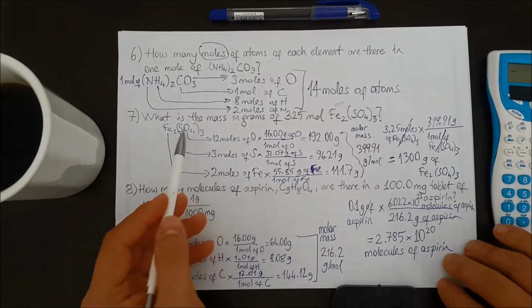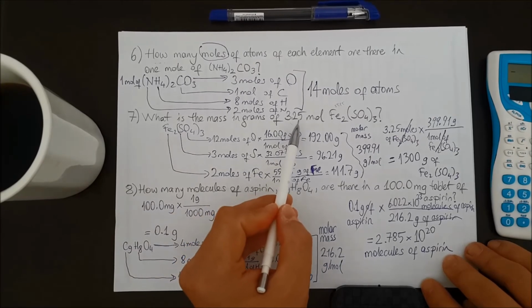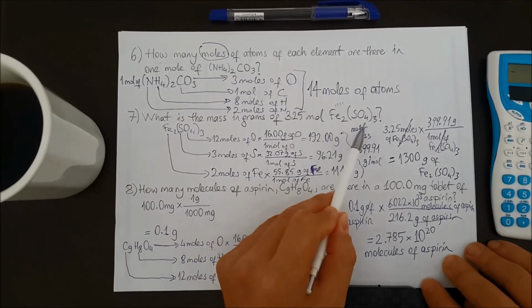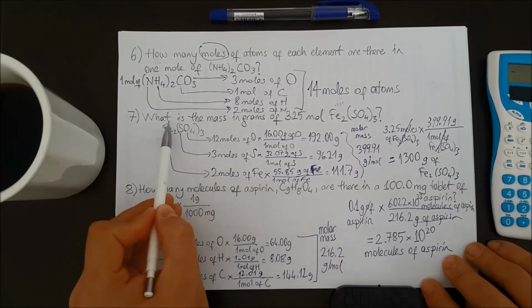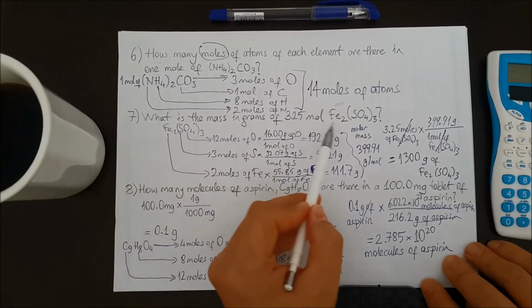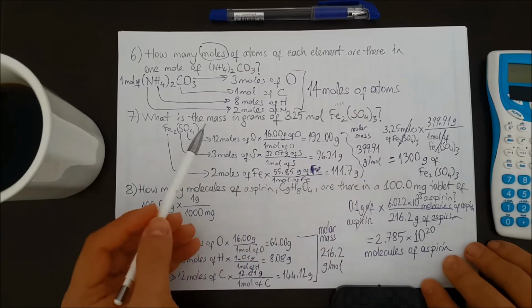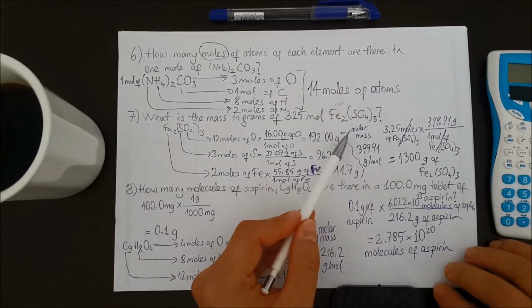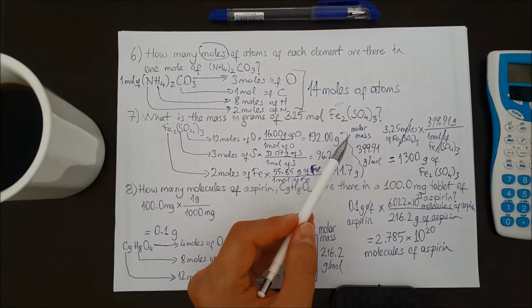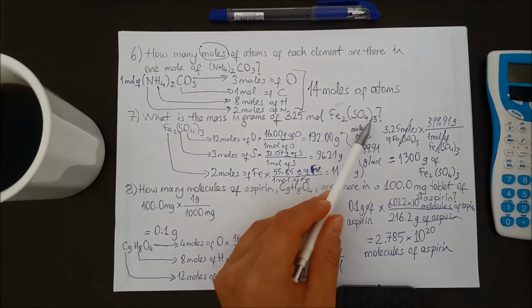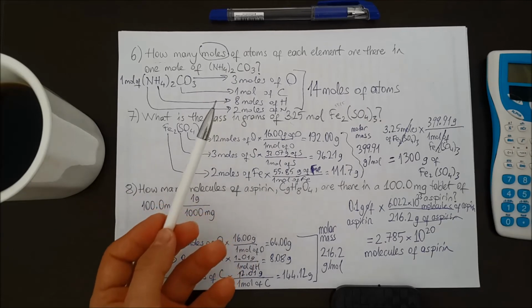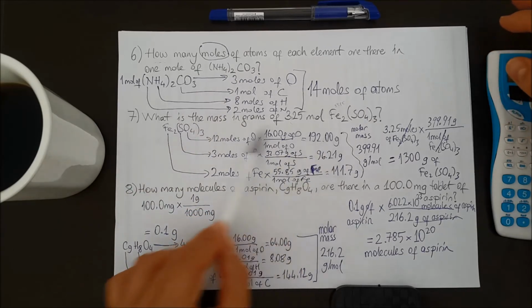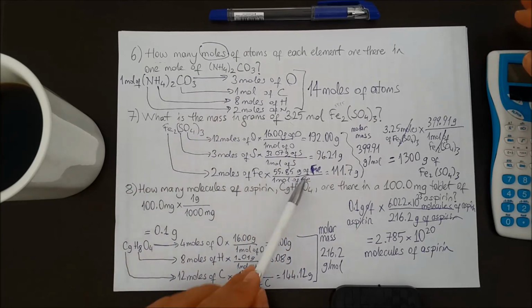Okay, first of all, to find how many grams 3.25 moles of iron(III) sulfate make, we need to find the molar mass of iron(III) sulfate, because the molar mass will tell us how many grams 1 mole of iron(III) sulfate makes. By doing this solution, you are calculating the molar mass.